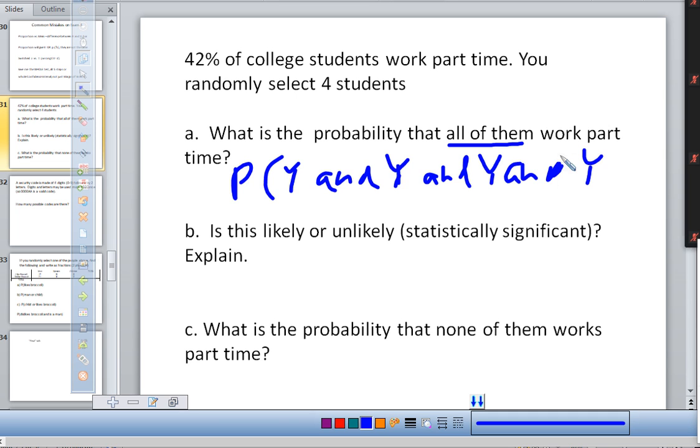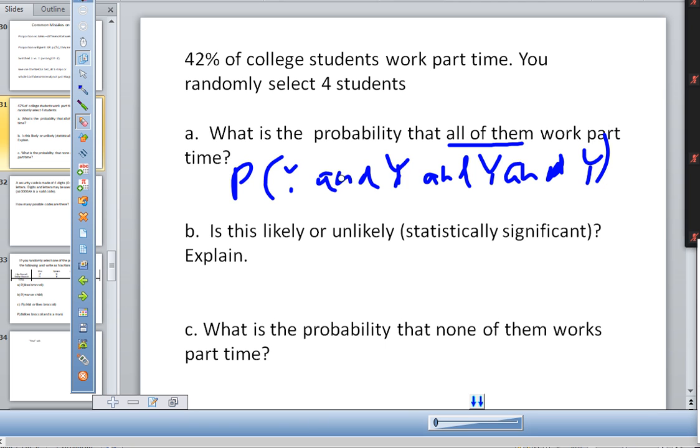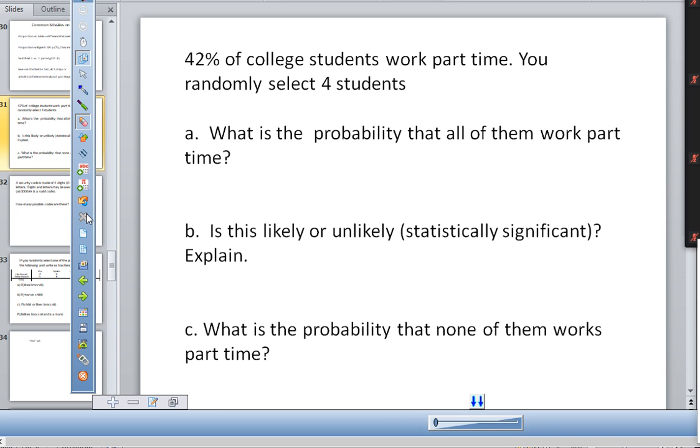So it's all of them are yeses. You don't have to worry about the order, whether it was yes, no, yes, yes, or yes, yes, no, yes, because they're all the same. And it's really easy if they're all the same. Yes and yes, and yes and yes, just means they all are.